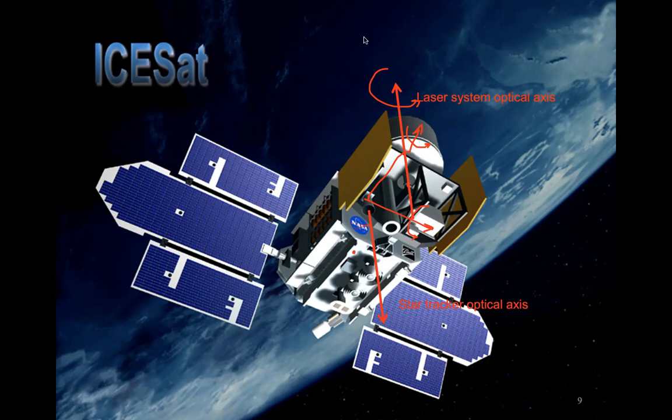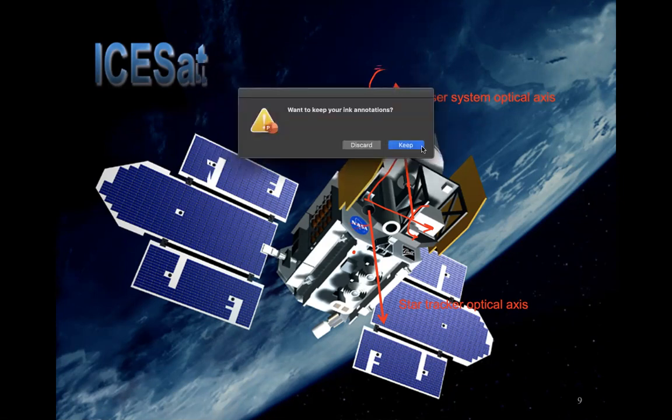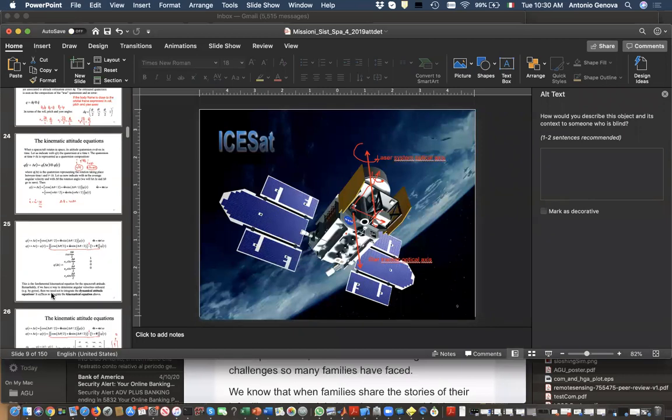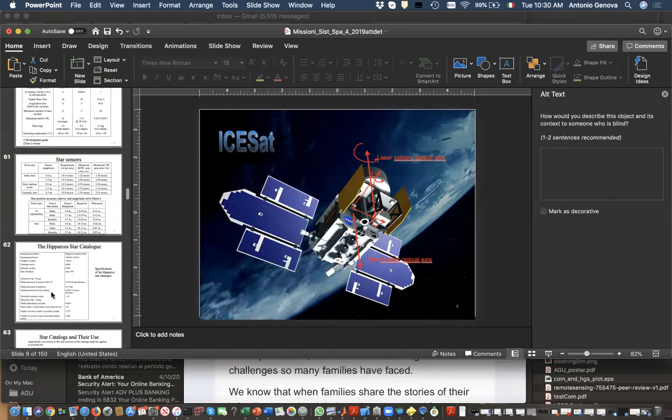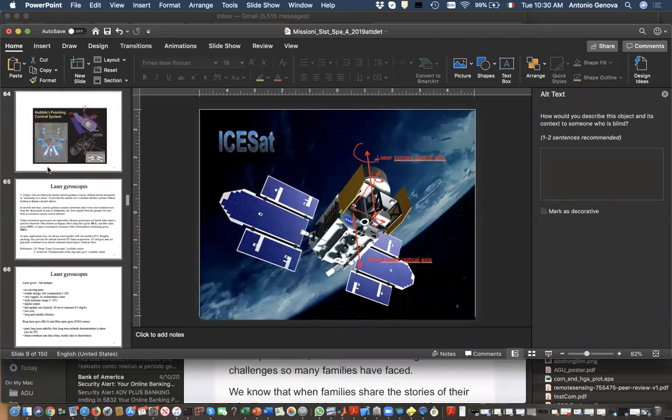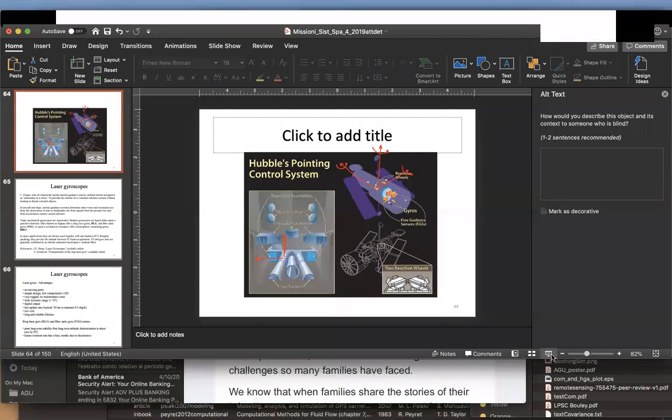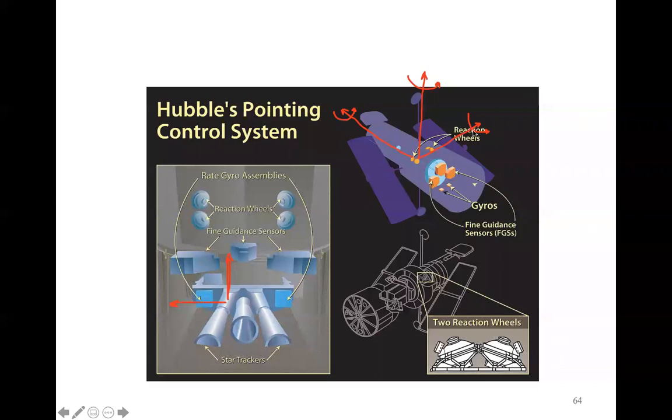So the telescope and the laser altimeter represent a very particular case, because you have very stringent requirements along these axes. When you have a 3D stabilized spacecraft, you need an equal accuracy in all three axes. That's the reason why the star trackers need to point at two different regions of the sky.